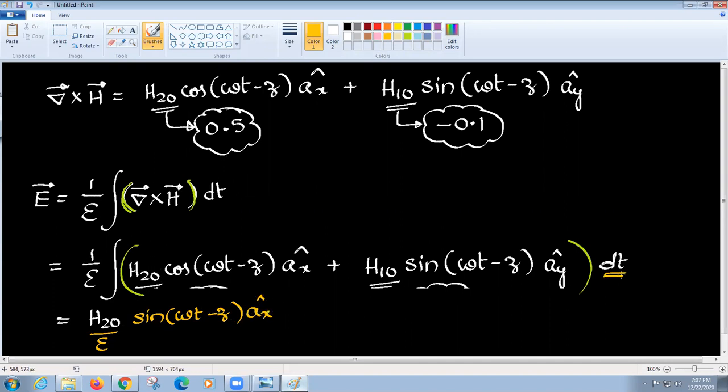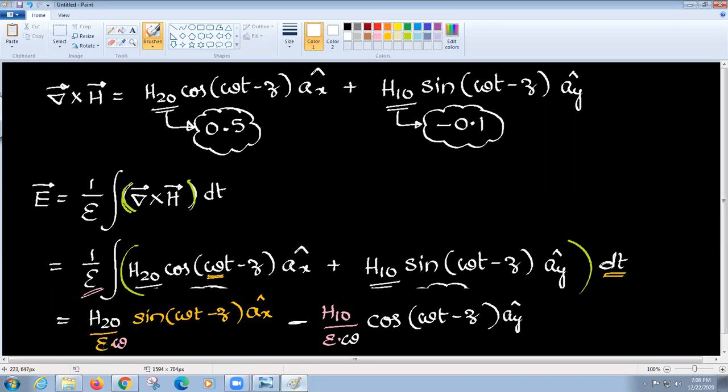And we are integrating with respect to dt, so I can take this omega in the denominator. Now again, I have H10 by epsilon. Again, I'm integrating with t, so I take omega in the denominator. What is the integration of sine? Integration of sine is negative cos. So negative cos(ωt − z) ay roof. So finally we got this.